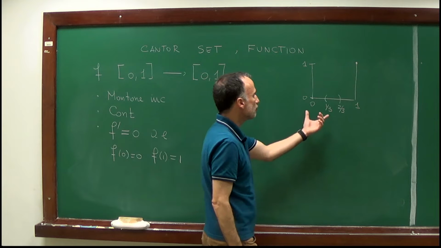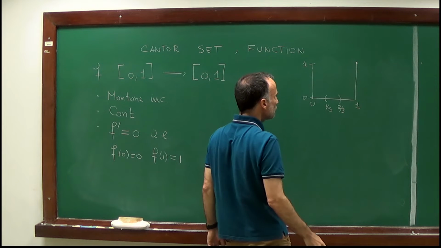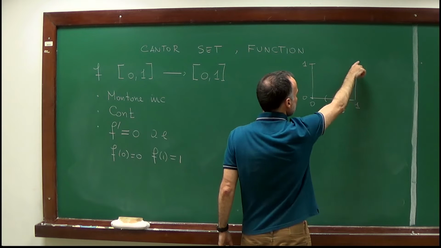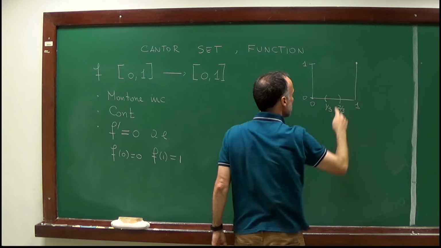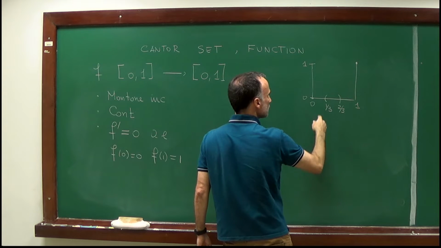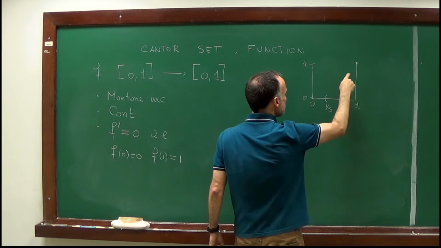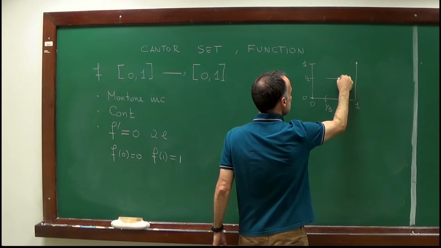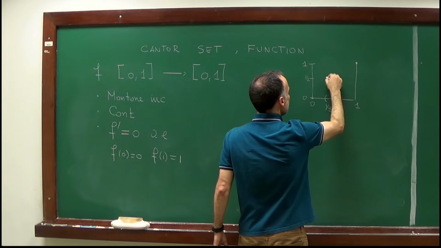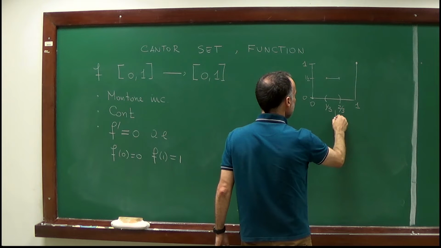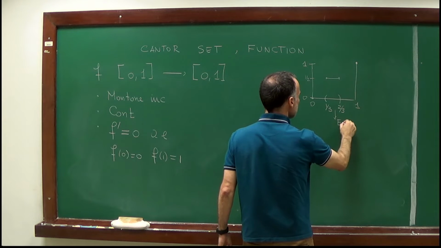This corresponds to the first step. How do I define this function? To its right, at 1, its value is equal to 1. To the left, at 0, it's equal to 0. So I'll just take the average of these two values, which is 1/2, and I will define the function to be equal to 1/2 in this interval, which, remember, corresponds to the interval E1.